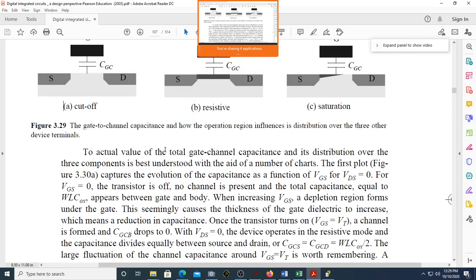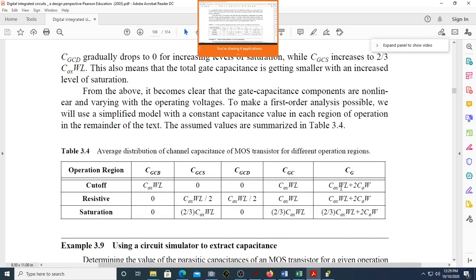So this is due to what? Gate and the bulk. How about these two? Why is it two times? Because overlapping is happening on either side of the channel, that is towards the source side as well as towards the drain side.